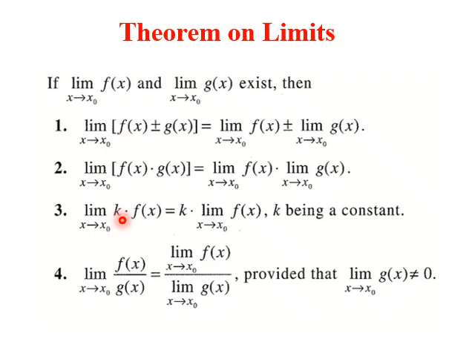Similarly, if k is a constant or some scalar multiplied by a function and we are taking a limit, then k can be taken out and the limit can be taken for the function. Similarly, the limit for the division of two functions, f of x by g of x, is the division of the limits of the functions, with the condition that the denominator must not be equal to 0.